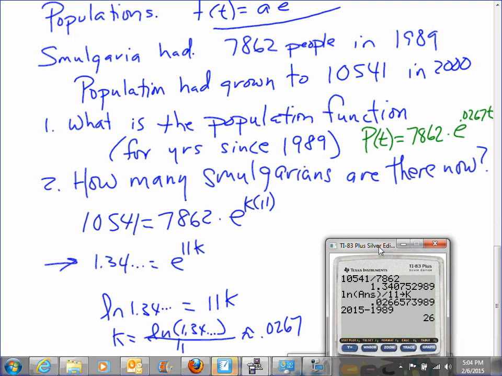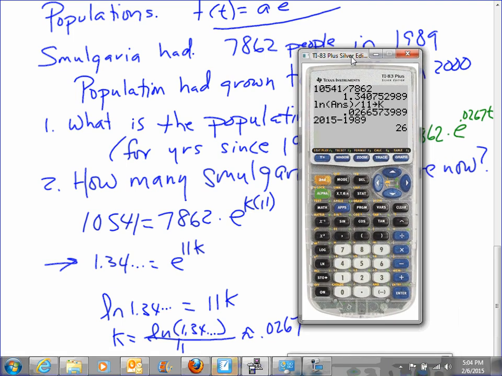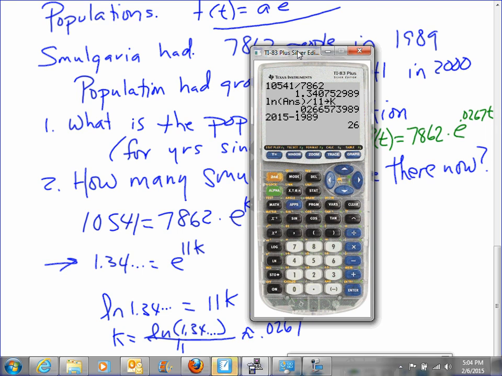Now, how many Smulgarians are there now? We're going to put 26 in for T. So we have 7862 e to the 26k, close paren.